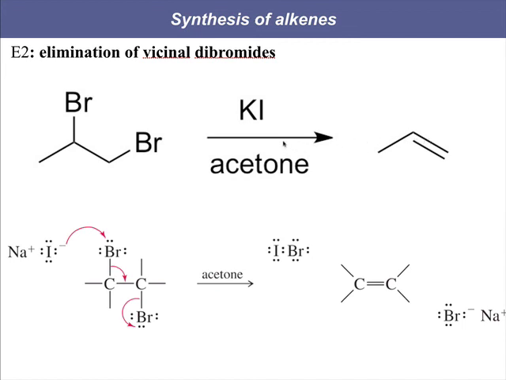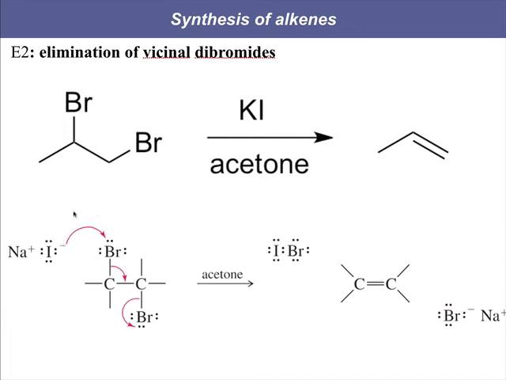Here's how it works. It turns out that iodide and bromine make fairly strong bonds with one another. So here we have potassium iodide. The book actually uses sodium iodide. Either way, the sodium is just a bystander. The potassium is just a bystander, a spectator ion, we call it. But the iodide kind of acts as a base in the context of, say, dehydrohalogenation.